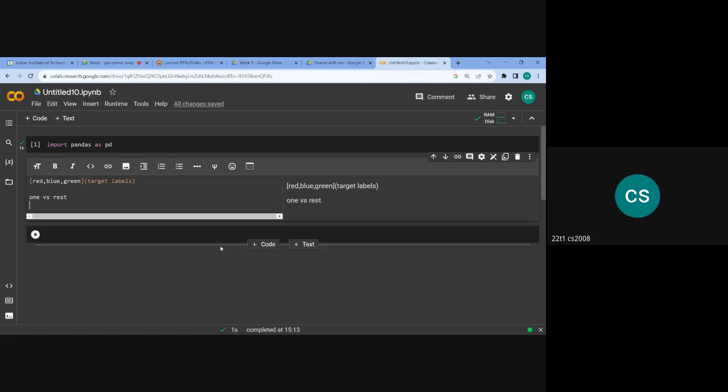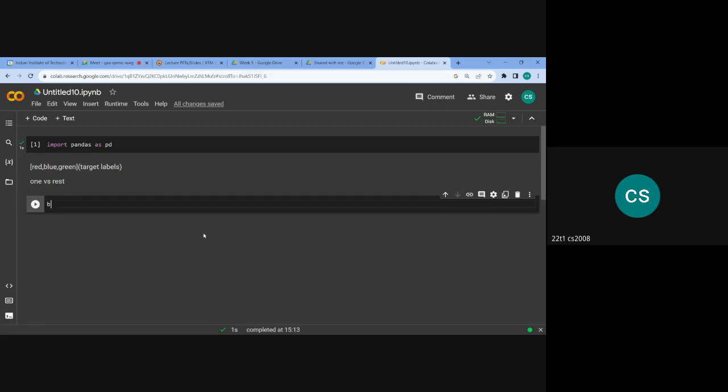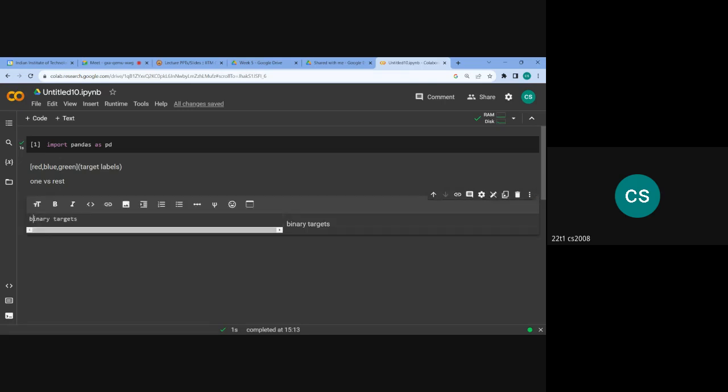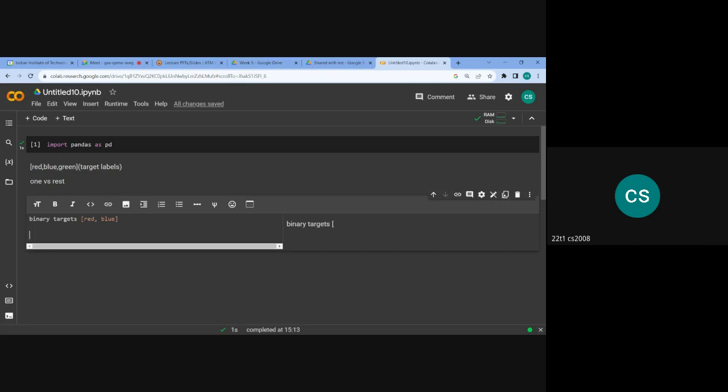If it was binary, like binary targets, red and blue, then only one classifier would suffice, and it will tell us whether it is red or blue.